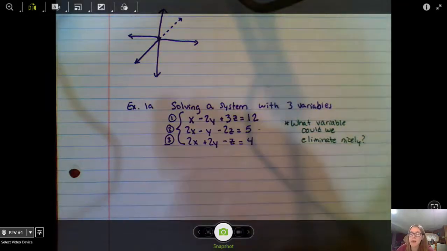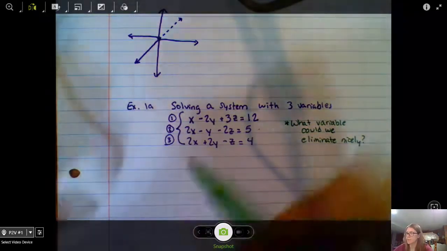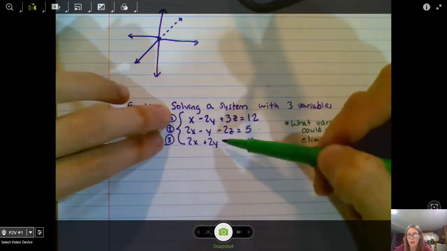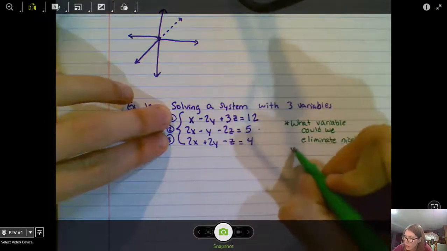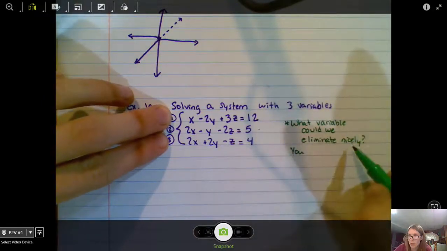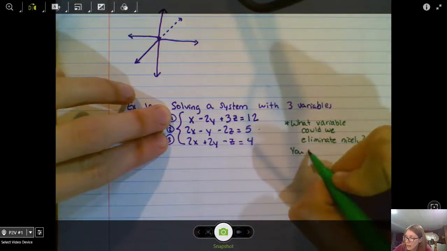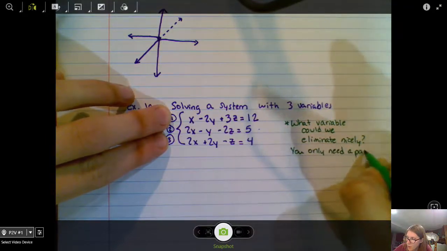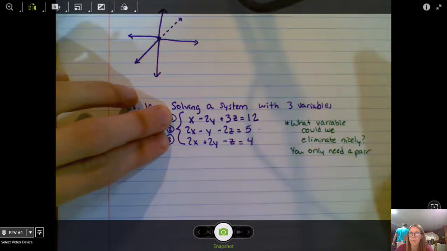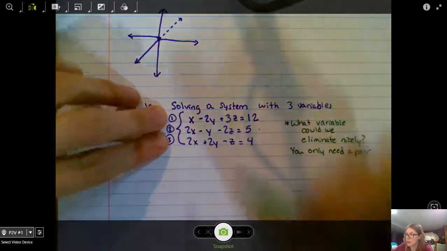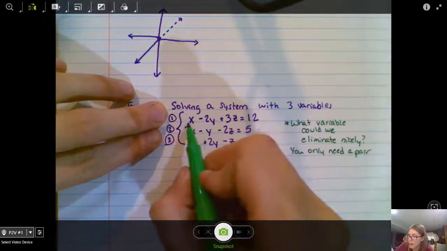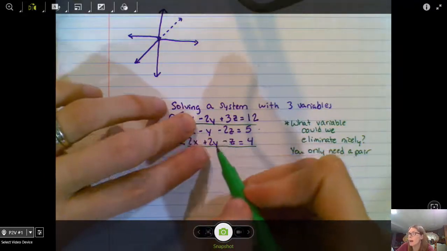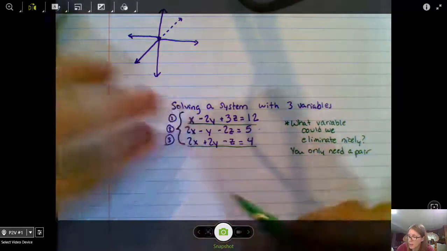Looking at my equations, I see I have a negative 2y and I have a positive 2y. So that's going to work out. You only need a pair. So we want to eliminate one variable from a pair of equations. In equation 1 and equation 3, these negative 2y and the positive 2y will be able to cancel out nicely.